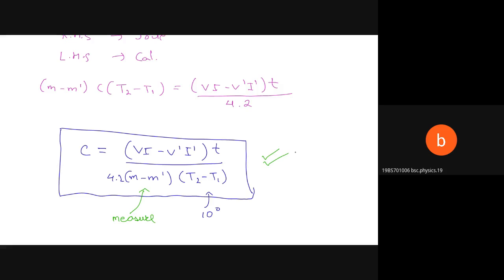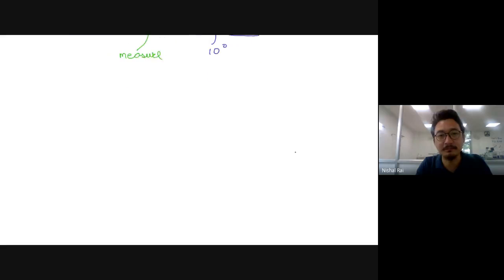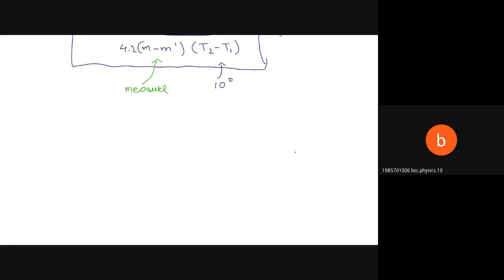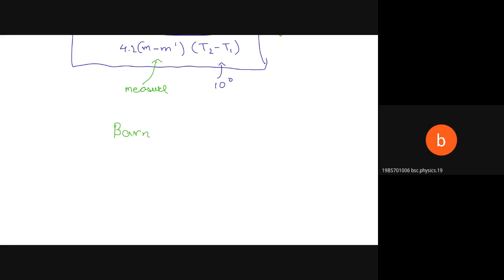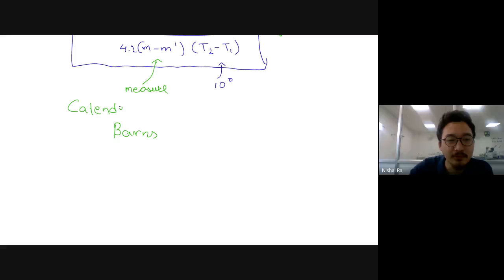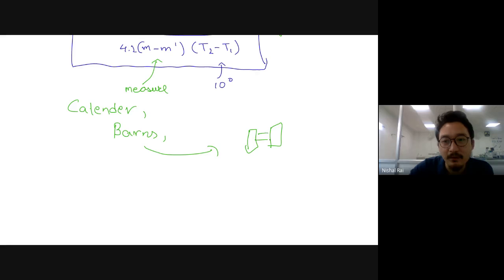Calendar. The spelling of Callendar is C-A-L-L-E-N-D-A-R, and Barnes is B-A-R-N-E-S. Don't search for this. Do you know what barn means?